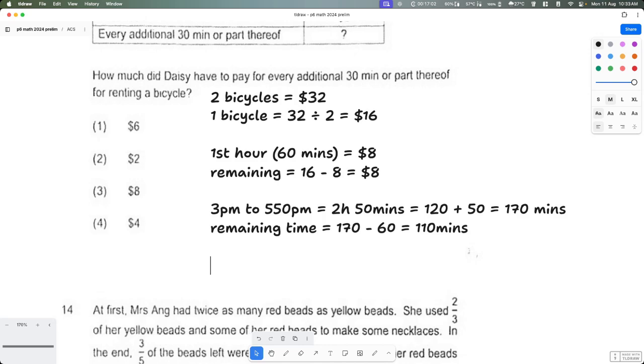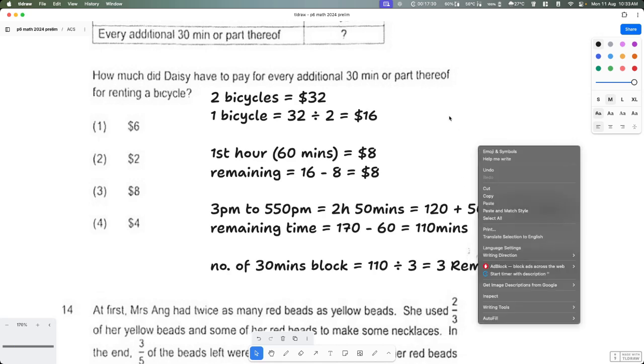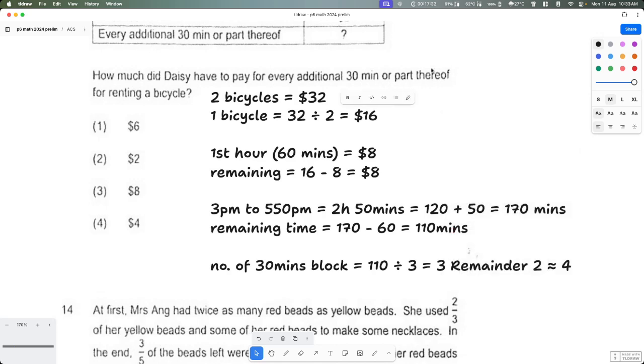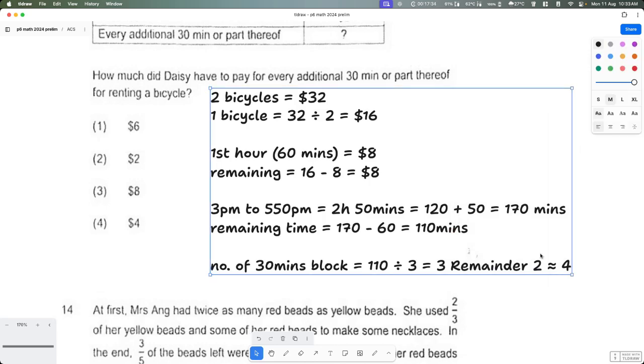Lastly, we want the number of 30-minute blocks, which is 110 divided by 30. So 11 divided by 3 is 3 remainder 2, but we need to round up. So we have 4 blocks.